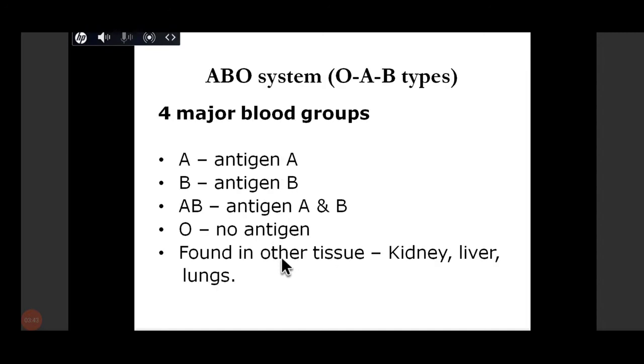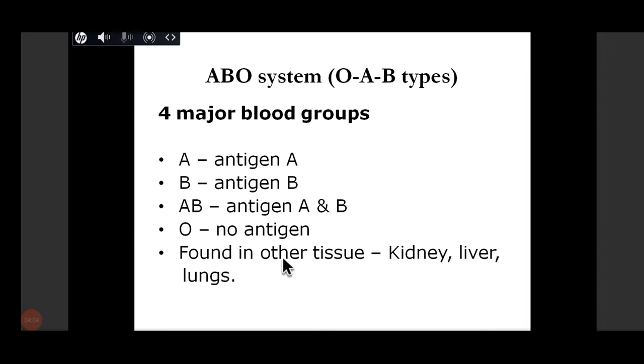Now the ABO blood group system. The four major groups are A blood group, B blood group, AB, and O. In A, there is antigen A, and in B, antigen B. In AB, there are both antigens A and B. In O, there is no antigen.